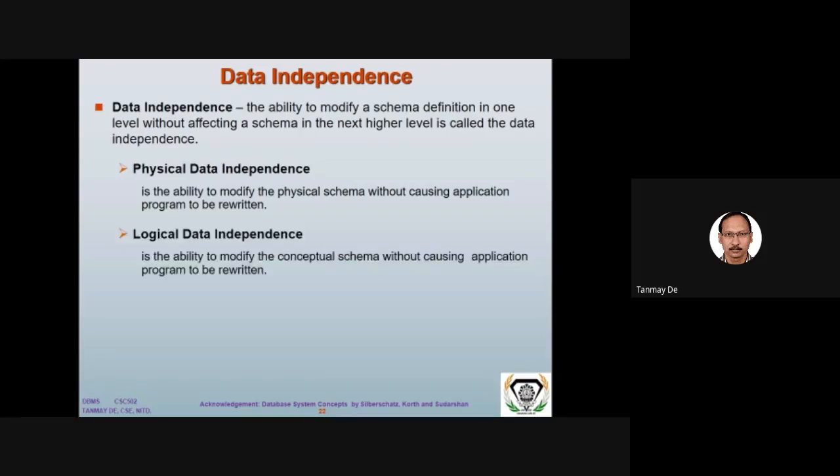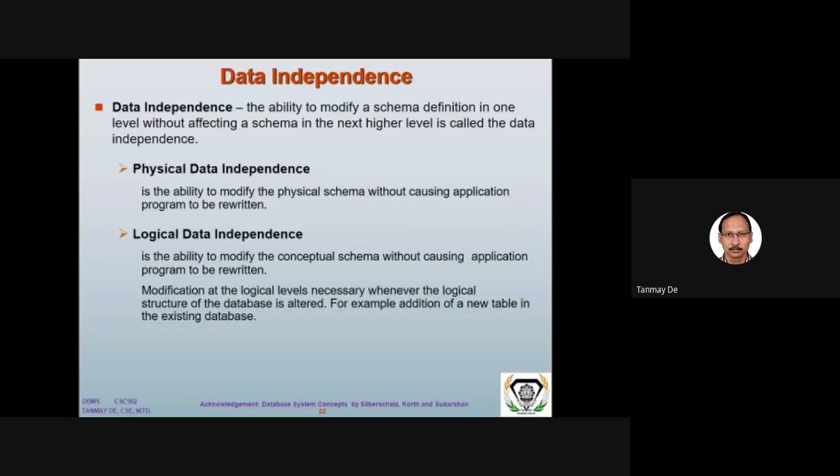Similarly, logical data independence is the ability to modify the conceptual schema without changing the application program, or without rewriting the existing application programs. Okay. This modification at the logical level is necessary whenever the logical structure of the database is changed.